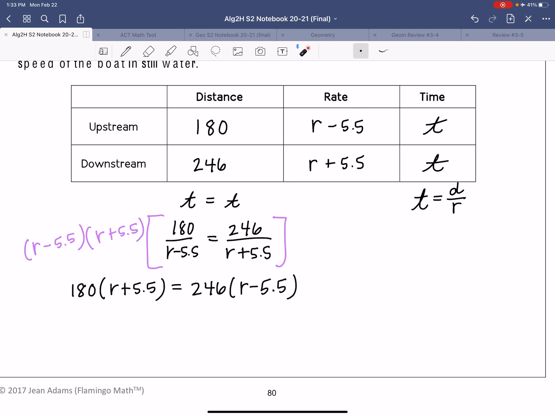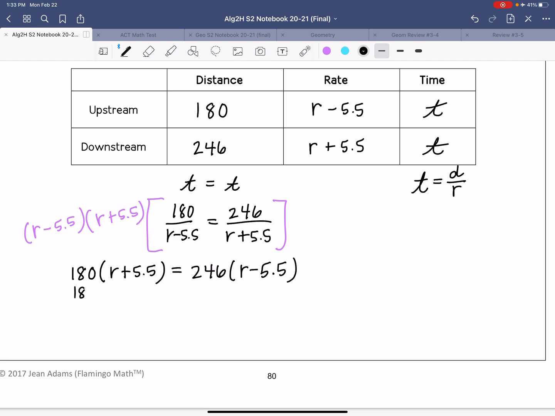All right, and then we're just going to go ahead and do our math. So we're going to get 180r plus, and then 180 times 5.5 is 990, equals 246r minus, and then 246 times this 5.5 is 1353.